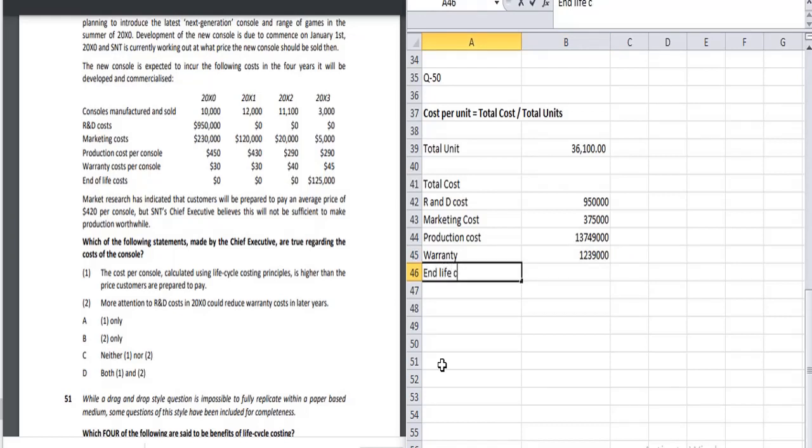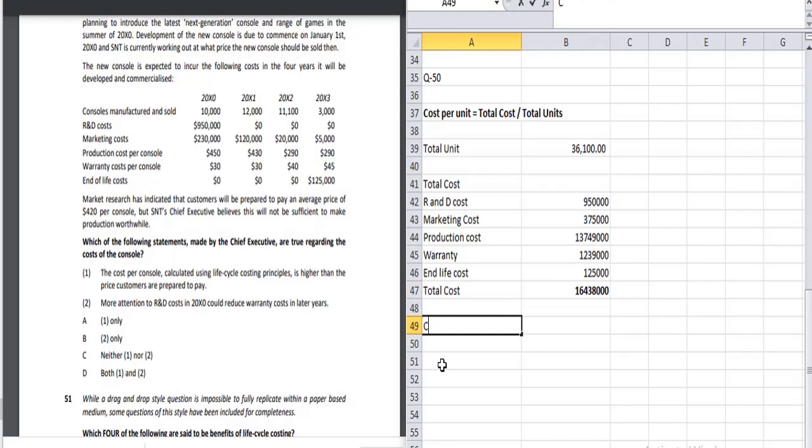And end life cost. End life cost is decommissioning or disposal of some assets, machinery. So this is at the end of the year, which is 125,000. Okay, so now we have to get the total cost. Now we got total cost.